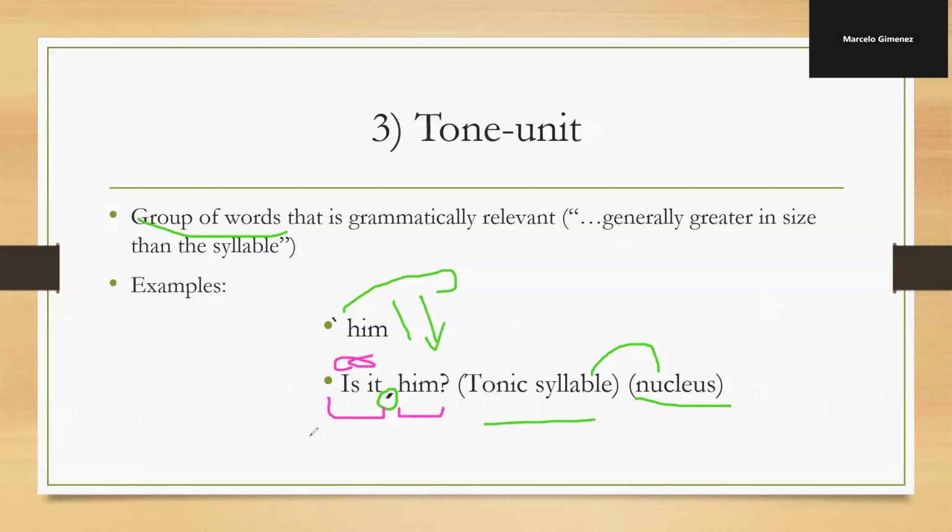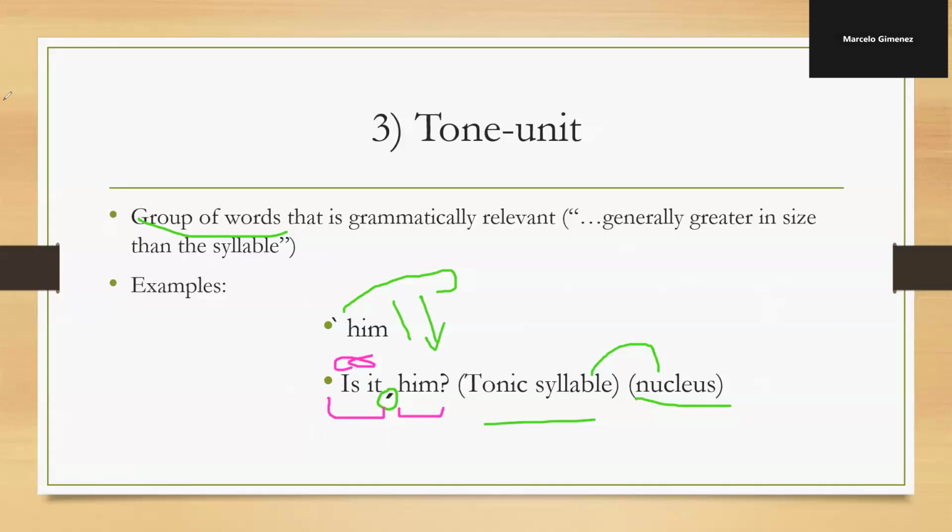Those words or syllables should be uttered at a very low pitch, compressed and reduced. This is what we are doing when we practice sentence stress in our readings. Is it him? Is it him? You see, it is compressed, reduced, not clearly articulated, vowels losing their sharpness. They do not sound so exact, so long, so loud. So, is it him? Is it him? All right.